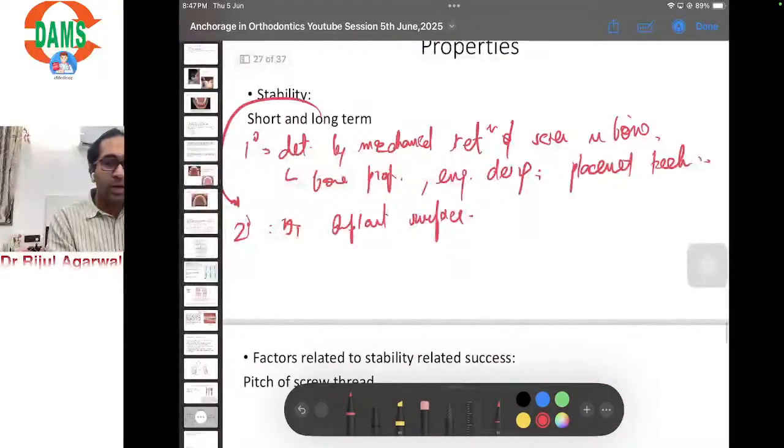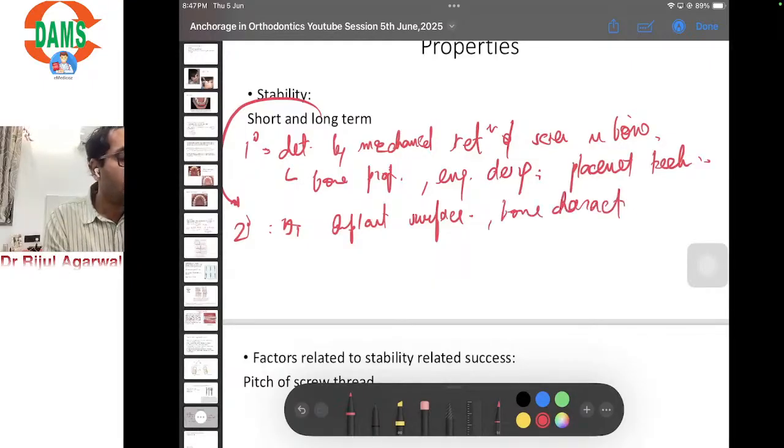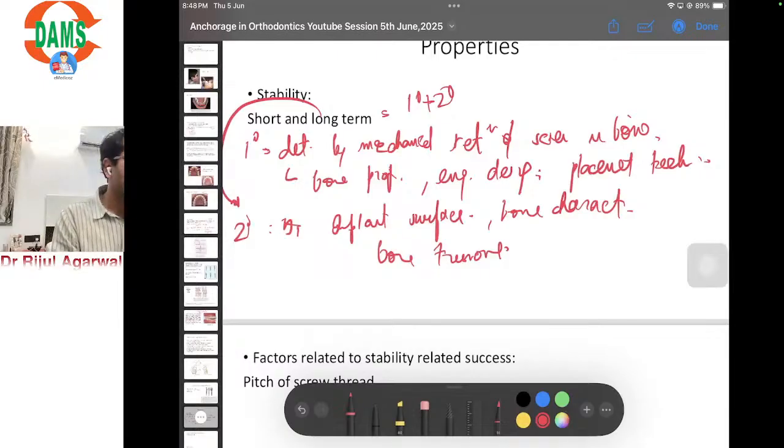Coming back to secondary stability of temporary anchorage devices, it depends upon the implant surface, the surrounding bone characteristics, whether it's cortical or cancellous bone, and the bone turnover. Clinical stability is a sum of primary and secondary stability.